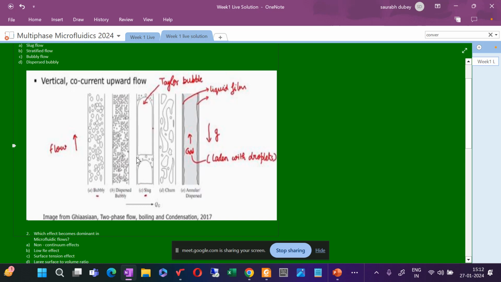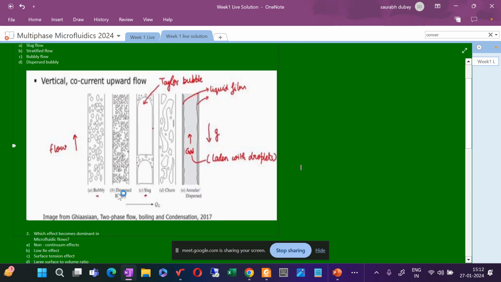In dispersed bubbly flow, the droplet miniaturization will be there. If it's air, the gas bubbles will be very small in size. These are different flow structures, so the names are given as per size and structure.